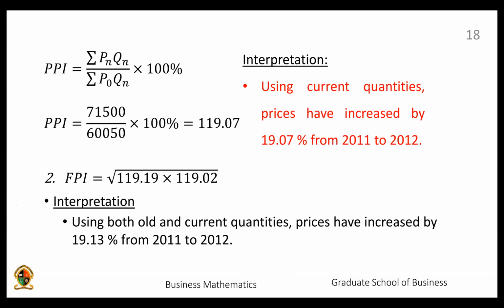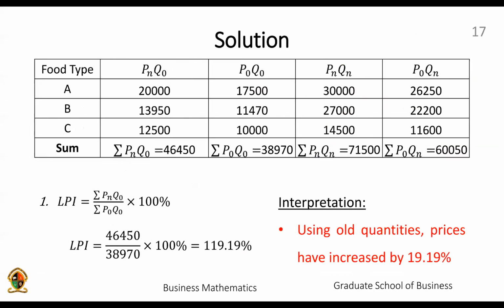This means that using the old quantities, prices have increased by 19%, because the number that you found is positive. So it is an increase.